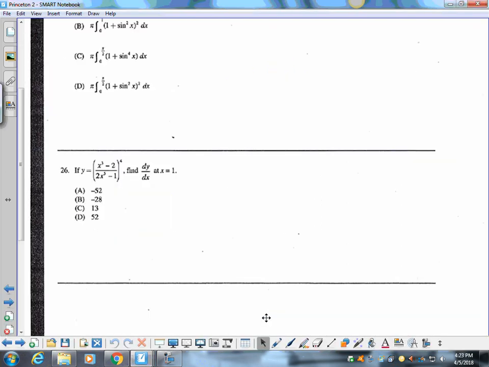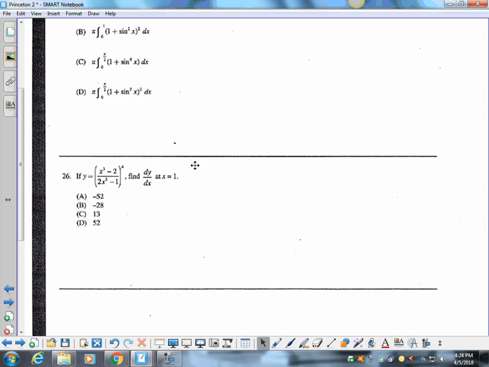Okay. It says find dy dx at x equals 1. So I'm going to take the derivative, and then I'm going to shove in a 1. All right, so this is a turduck. So first I'm going to do my power. Okay, there's the outside.